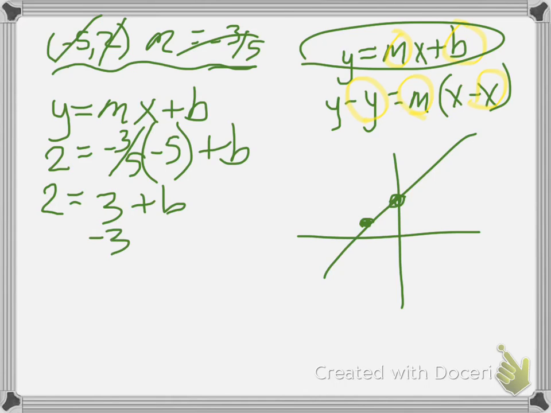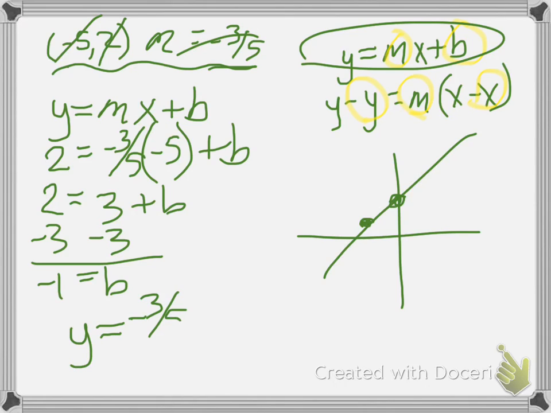Then I take my 3 over, and I get b equals -1. So my answer would be y equals -3/5 x minus 1. I put these numbers in where I said there were numbers in the equation.